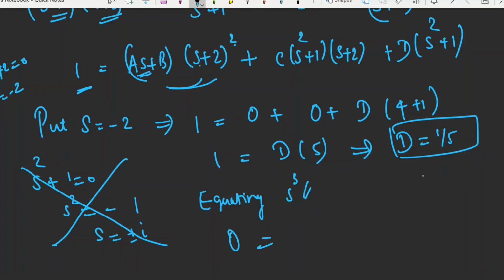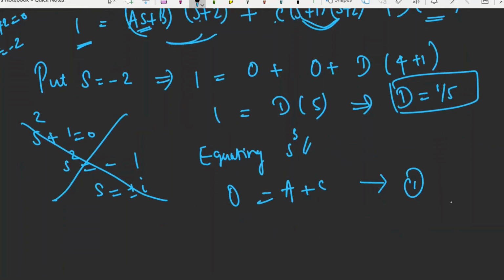So when you are doing multiplication, a times s cube, so the coefficient of s cube is a. At the same time, multiplying s square into s, the coefficient is c. Next, we don't have any s cube term in the d expression. So just a plus c. This is one equation. Let me take it as 1.